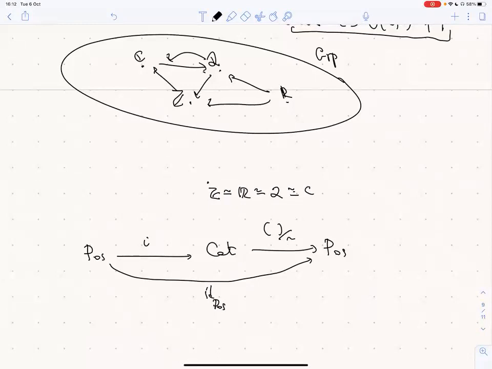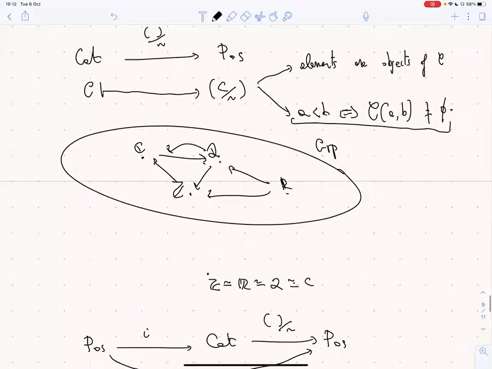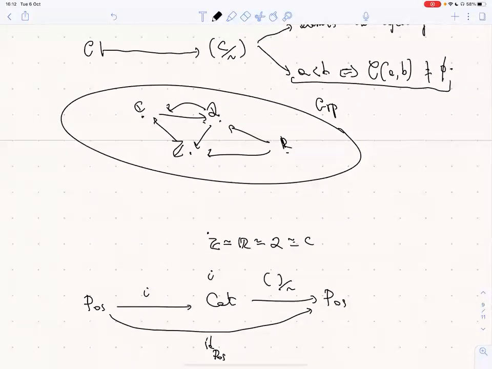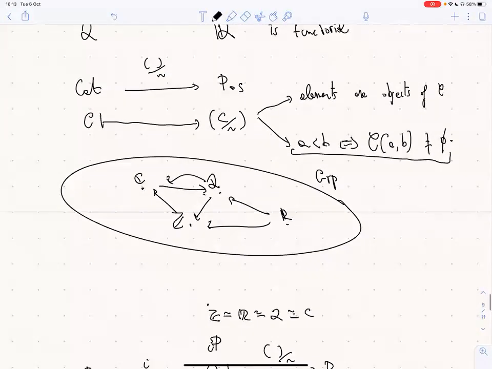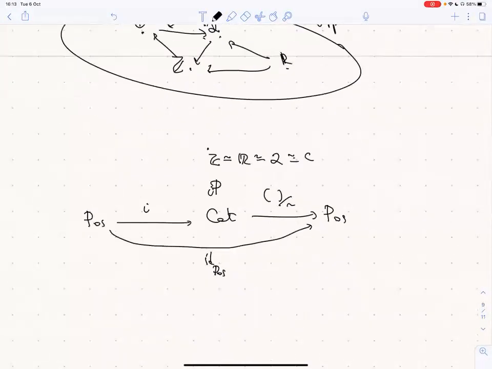This is quite intuitive because in the case of this precise structure, the categories of the form I of P, they are not very rich in morphisms, and so we are not quotienting by much, and so it's quite clear that this construction just gives us back the poset we started from.